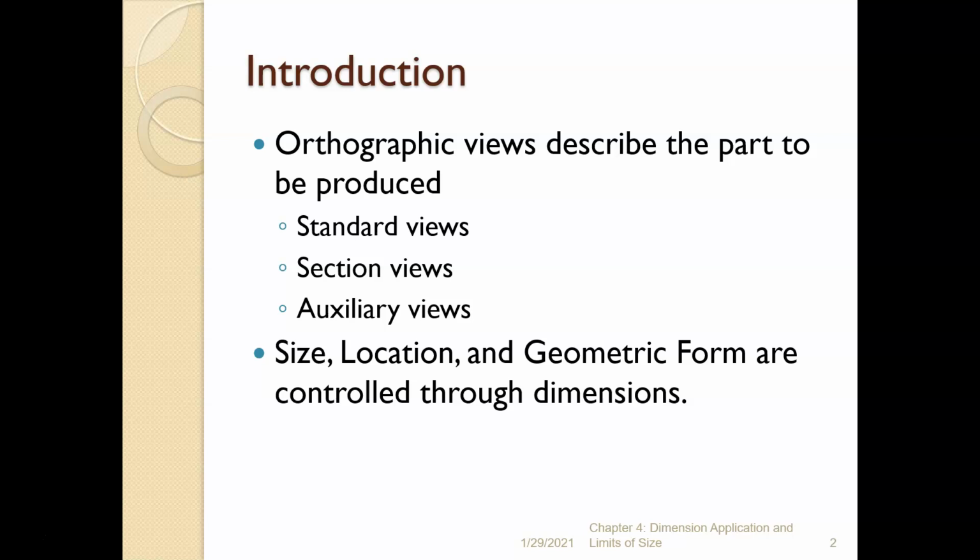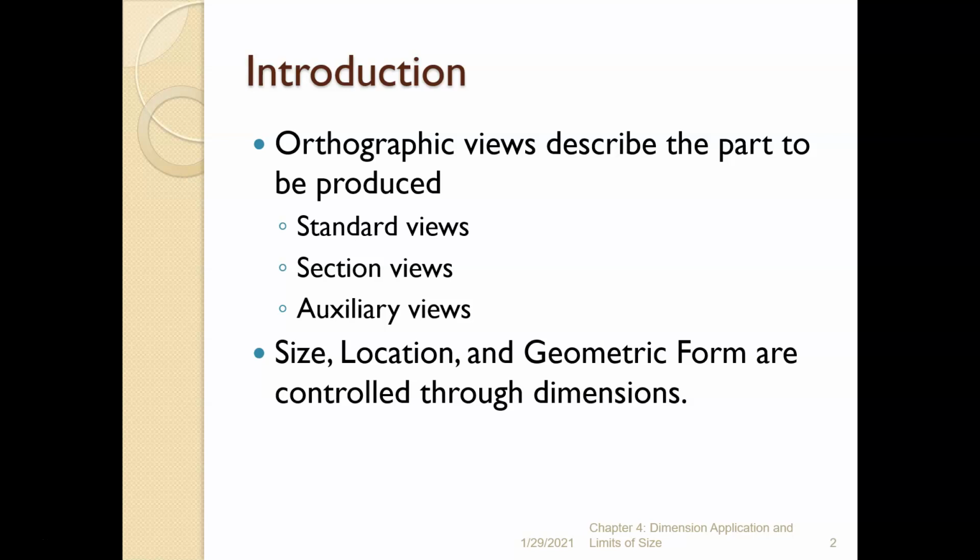What we're missing in that, and what we need to completely communicate the design of the part so that it can be manufactured, is the size description. The size description includes the location of the features, the size of the features, and any geometric form that is required. That is controlled through dimensions.